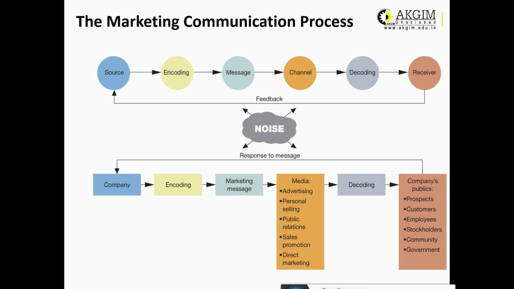This marketing message is then conveyed through some media or channel. It could be advertising, personal selling, public relations, sales promotion, or direct marketing, and it then reaches the receiver, which in marketing can be companies, publics, prospects, customers, employees, stockholders, the community, or the government.